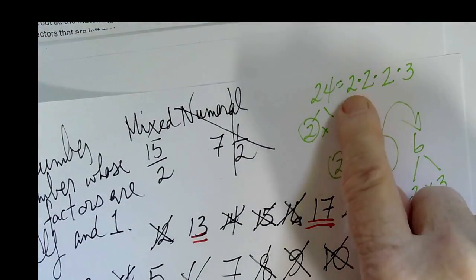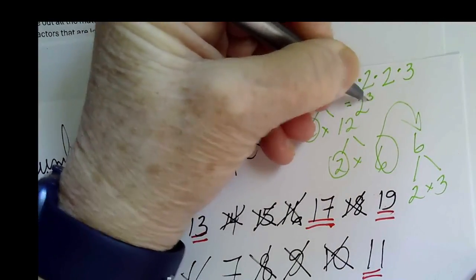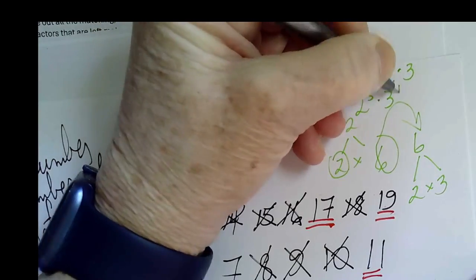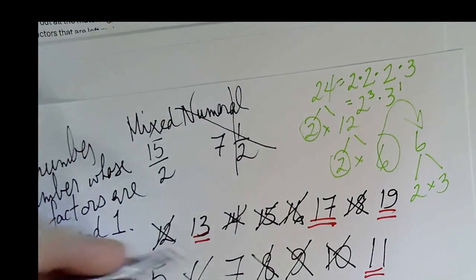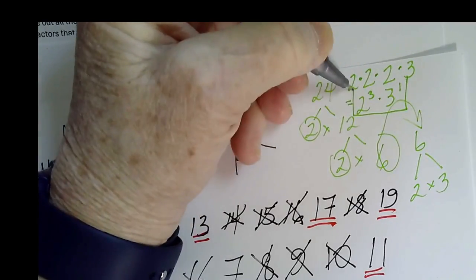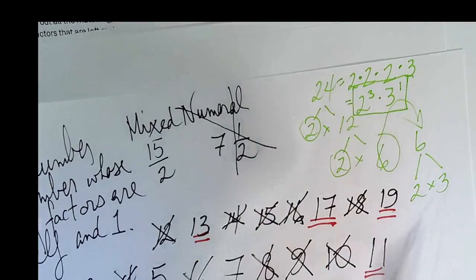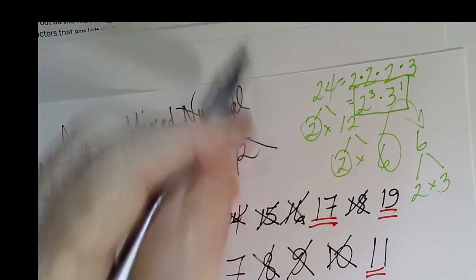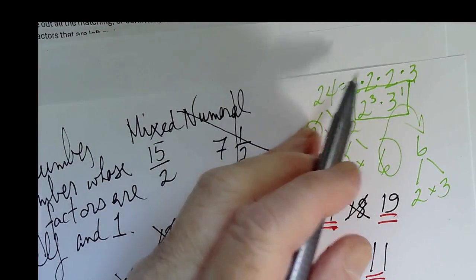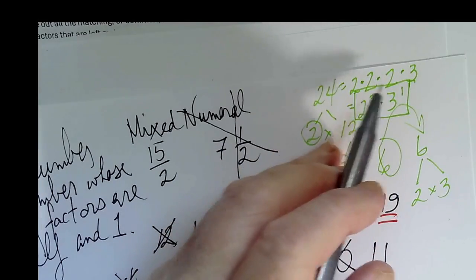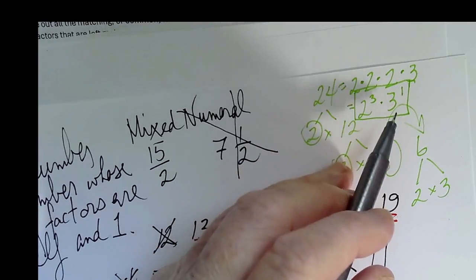And we're going to write this as 2 cubed times 3 to the 1 because we've got 1 3, and you don't need to write the 1. But if a number does not have an exponent, this little number, then the exponent is 1. So the prime factorization of 24 is 3 times 2 times 2 times 2, or more compactly, 2 cubed times 3.